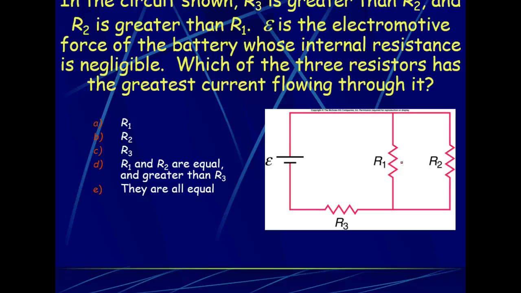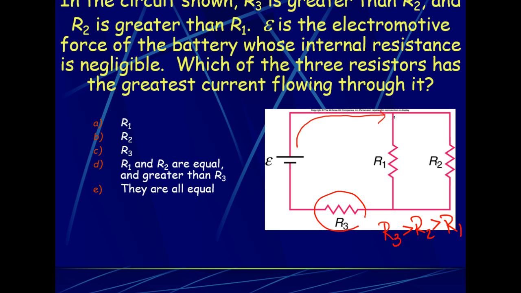Now here we have a circuit where R3, resistance 3, is greater than R2, and R2 is greater than R1. So R3 greater than R2 greater than R1. We have the electromotive force of the battery, and we want to know which of these resistors has the greatest current flowing through it. Well, think about what's happening here.